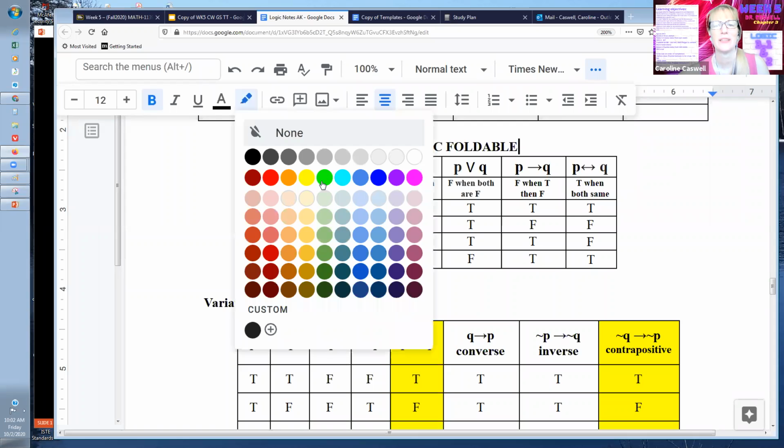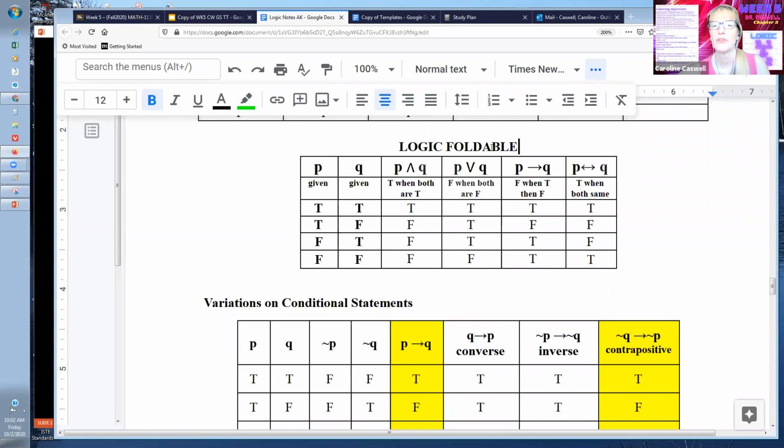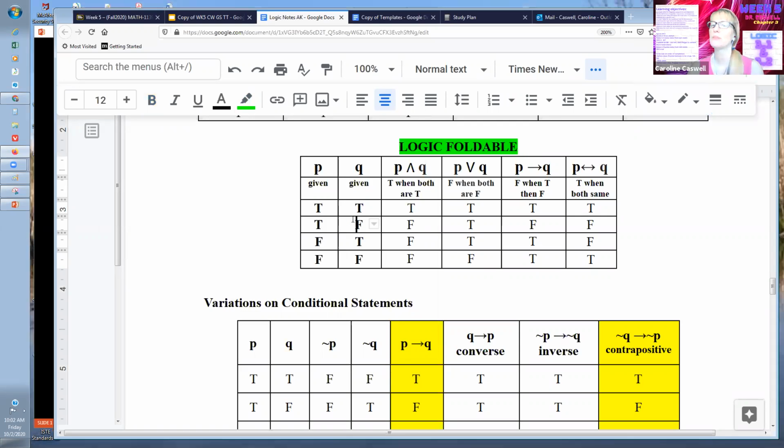So the logic foldable is really just a quick way of looking at it. It'll tell you exactly what you want to know. So if you look at the first 2 columns, it's just P and Q. They'll be given every time. P and Q, 2 truths. P or Q, 2 falses are false. And then we have the if and then. So I give it all to you in 2 different ways. Whatever way works for you makes sense for me.